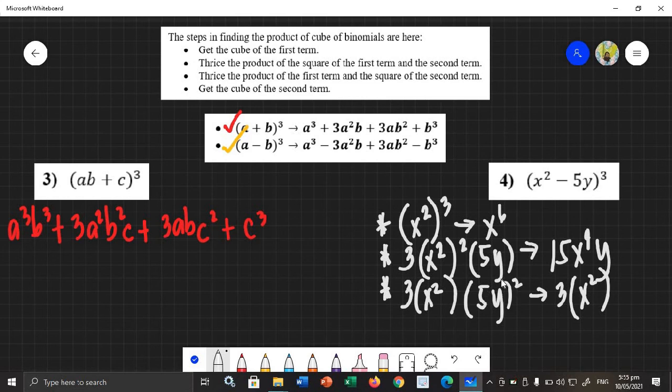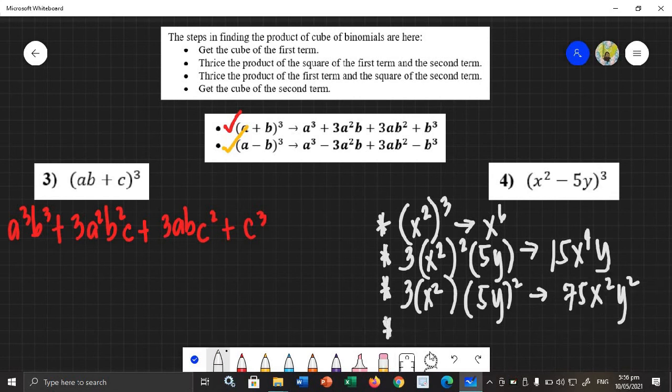So we have 5 raised to the second power, that is 25. And then y squared. Okay? So getting the product of this one, we have 3 times 25. The answer is 75 x squared y squared. So that is the product.